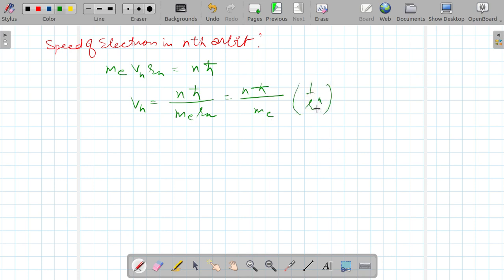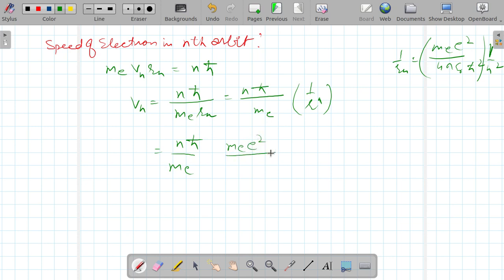It can be written in this form, and 1 over rn comes out to be me e square over 4 pi epsilon naught h cross square into 1 over n square. So if I put its value here, it will become n h cross over me, and its value will be me e square over 4 pi epsilon naught h cross square, 1 over n square.